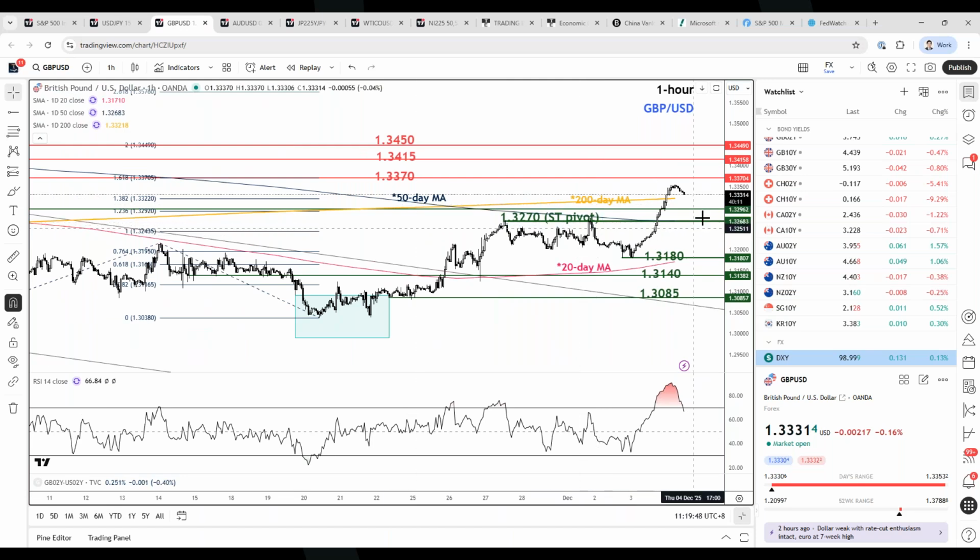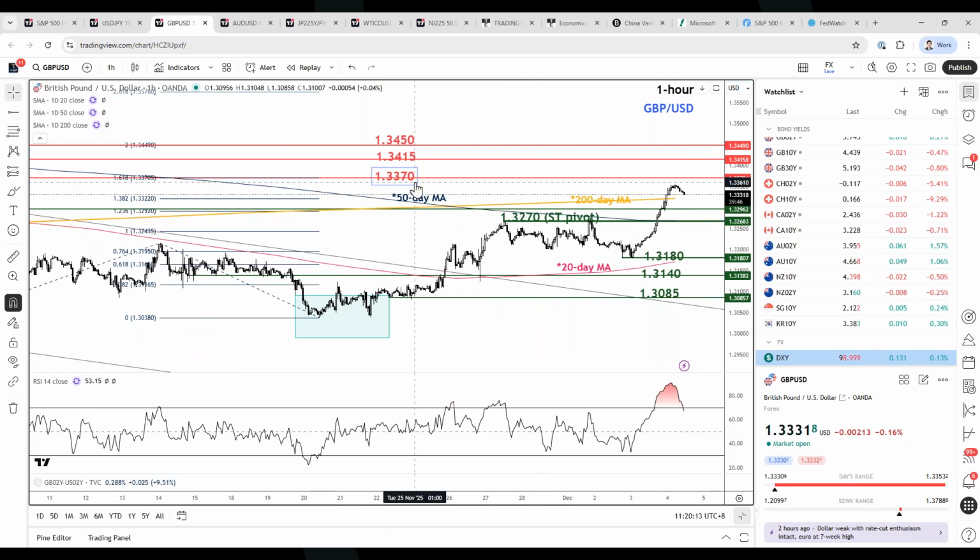So as long as this minor pullback manages to hold above 1.3270, we will still have that bullish bias on the sterling dollar. That means a pullback first before a continuation of this ongoing minor bullish impulsive up move sequence continues to take hold. So as long as this minor pullback doesn't go below 1.3270, the tight short-term pivotal support level that I have for today on the sterling dollar, I'll still have that bullish bias.